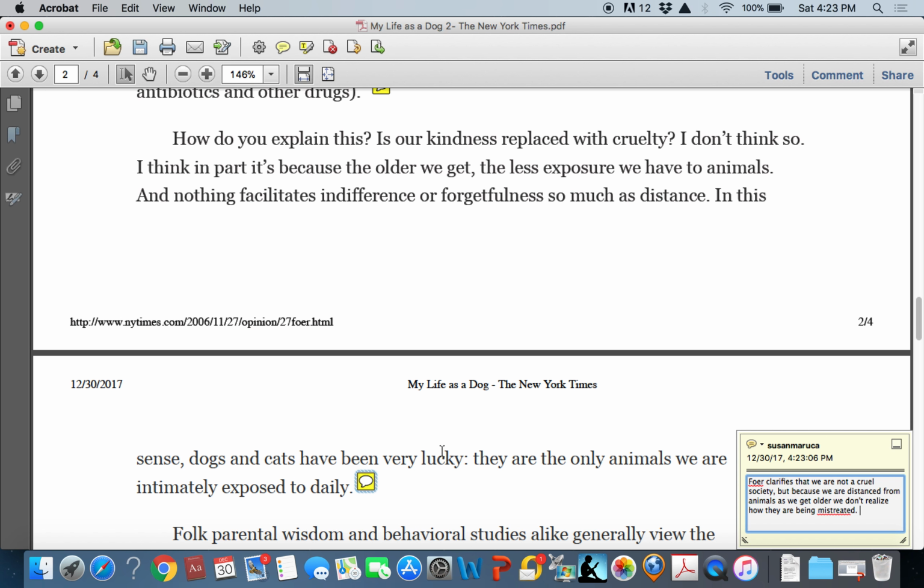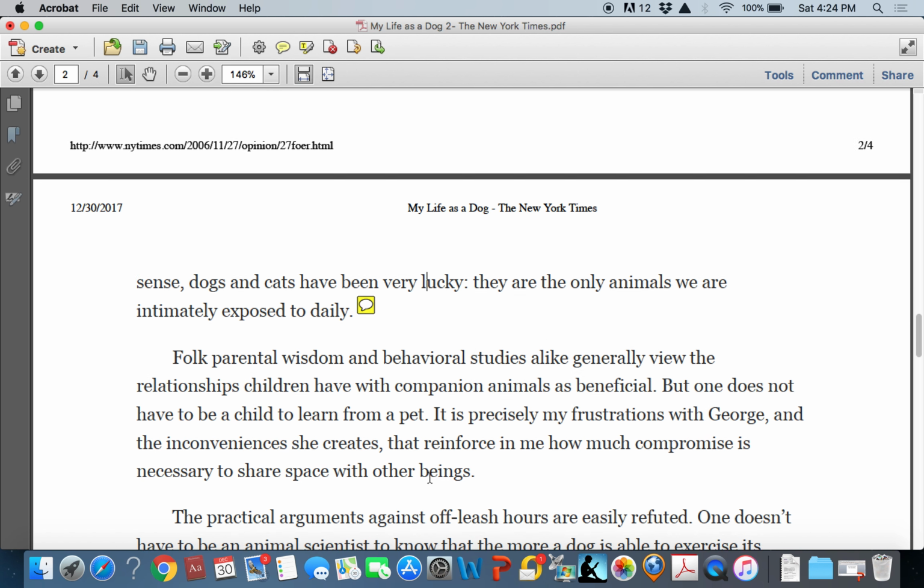Okay, and so one has to ask himself why he stops here and clarifies that we are not a cruel society and tries to make an excuse for why we allow this cruelty to animals to happen. It might just be an innocent paragraph, but I wonder, as we look at the pieces of this argument, what would be his motivation in making sure that he lets his audience know that you're not inherently bad. So think about that when you think about why this piece in the argument is inserted.